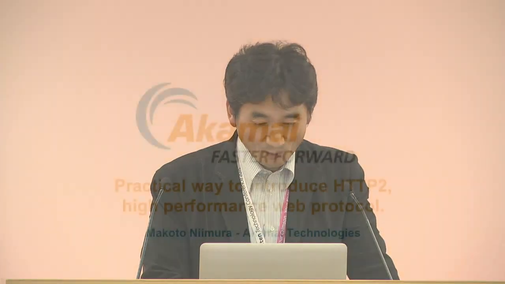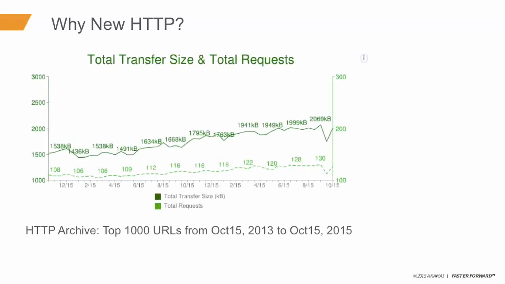Okay, I'd like to start with a little bit of background. Why new HTTP2 protocol is needed, and I think everybody feels the same way. Web is getting bigger and heavier. This is just objective evidence which HTTP archive website compiles every day. This chart shows top 1,000 URLs size and number of objects, average size and number of object of the top 1,000 URLs.